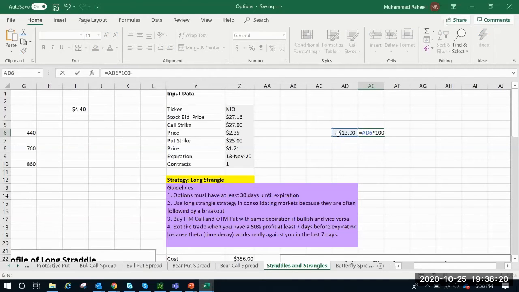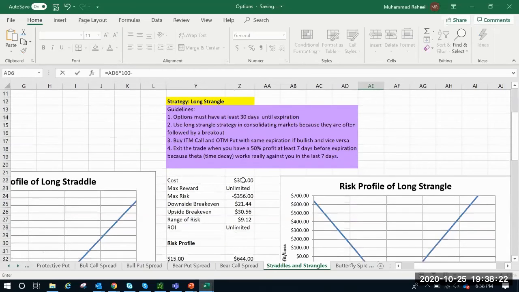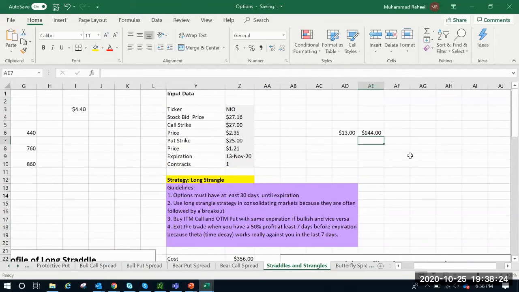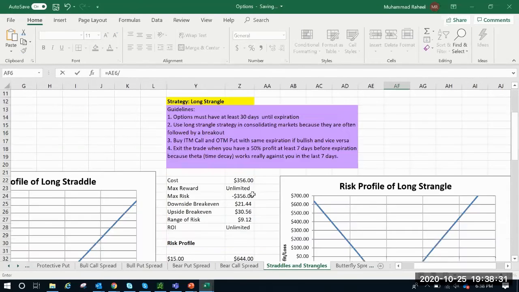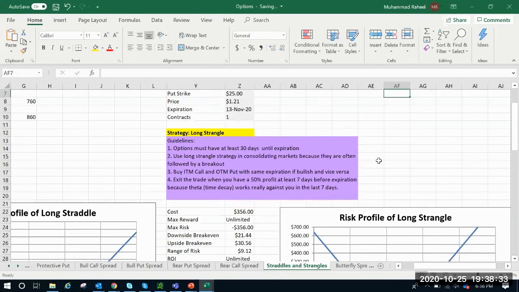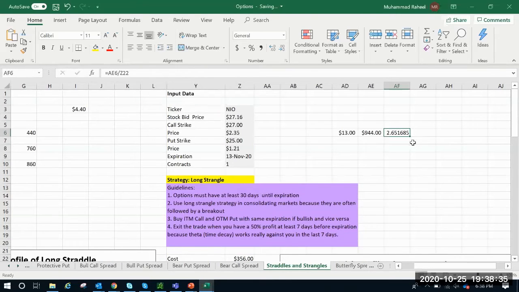Then of course you have to pay the 356, so that's a net 944. You made 944 on an investment of about 350, that's a 265% return right there. If you're correct, that's what's going to happen.